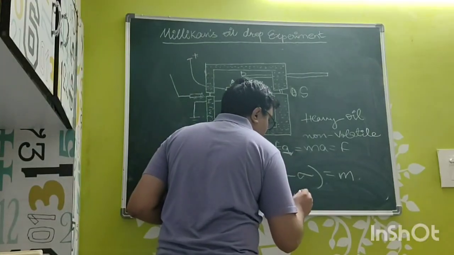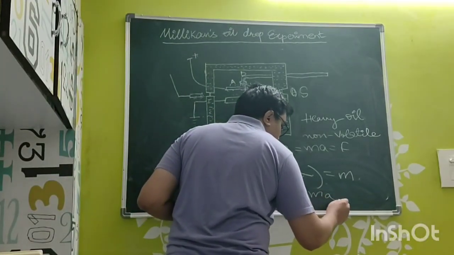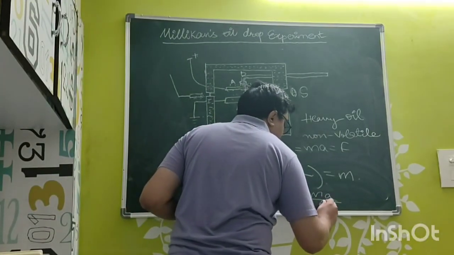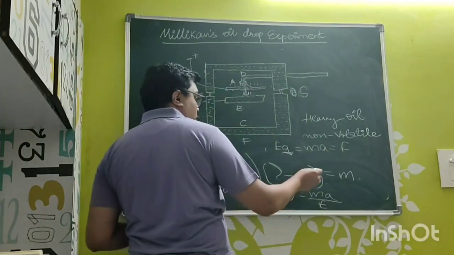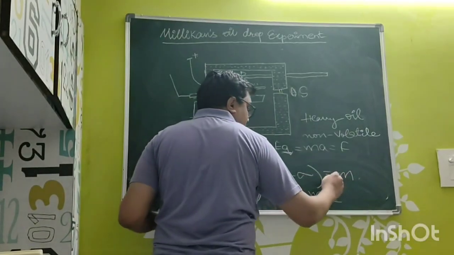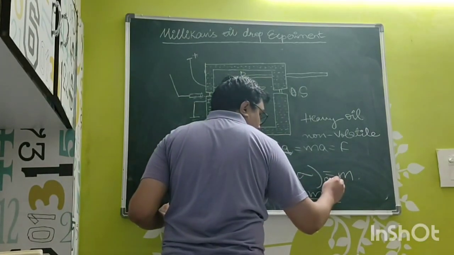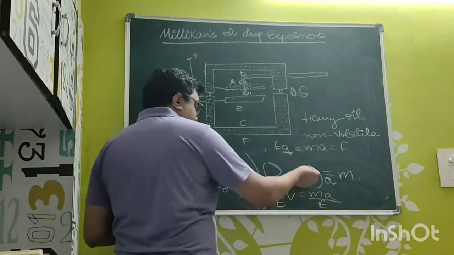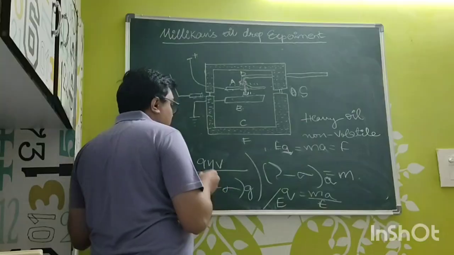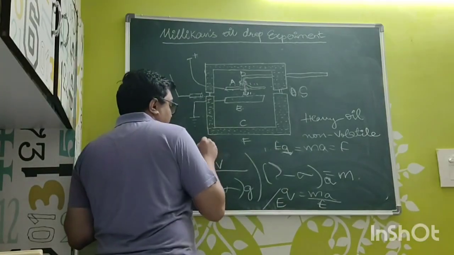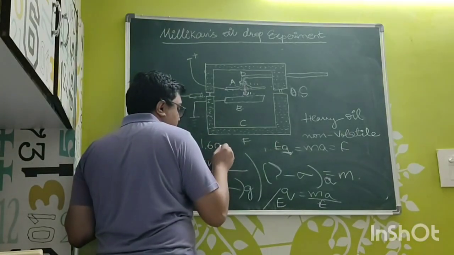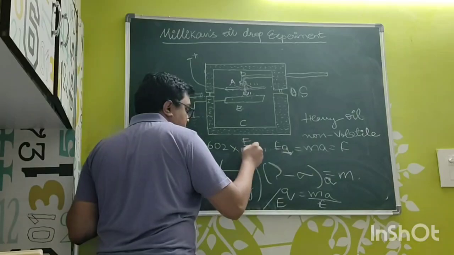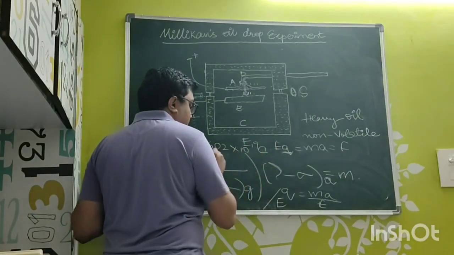So q equals ma by E. We have m, we multiply by a and divide by E. Substitute everything and you will find that the value is near 1.602 × 10⁻¹⁹ coulomb.